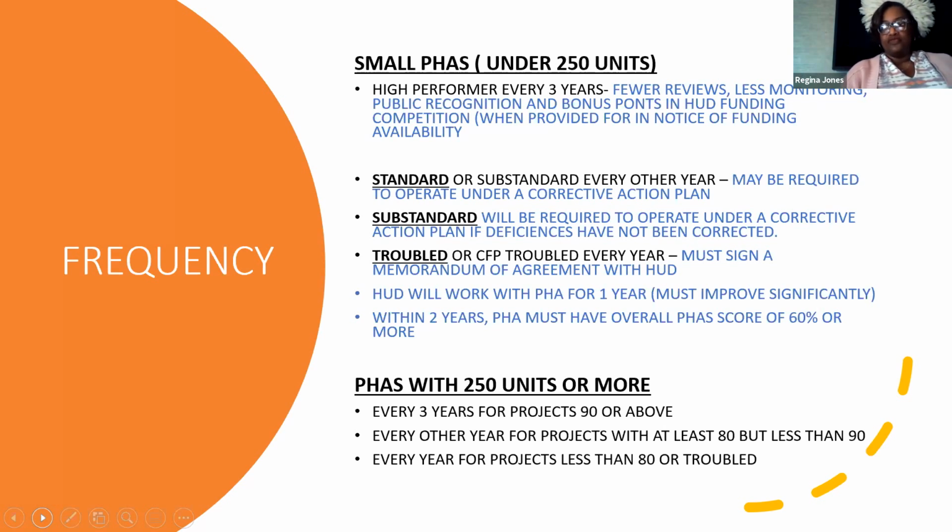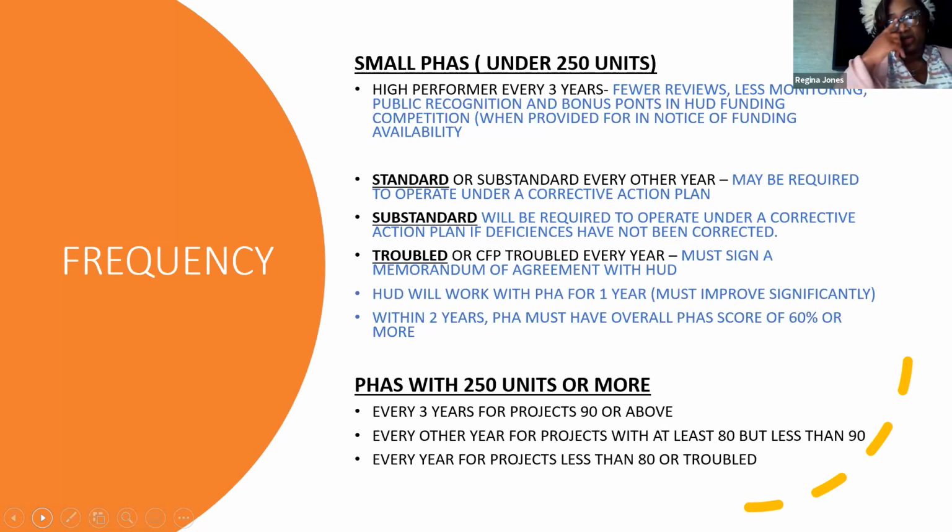And if you're substandard, you will be required to operate under a corrective action plan if deficiencies have not been corrected. And if you're troubled or CFP troubled, CFP meaning financially, you have to sign a memorandum of agreement with HUD, where HUD will work with your agency for 1 year, but you must show a significant improvement during that time.